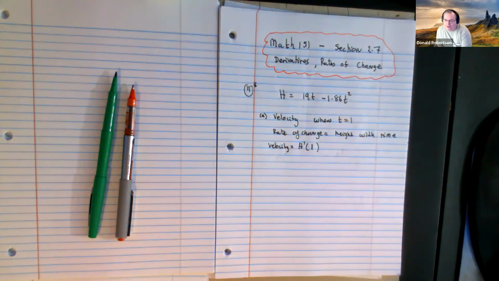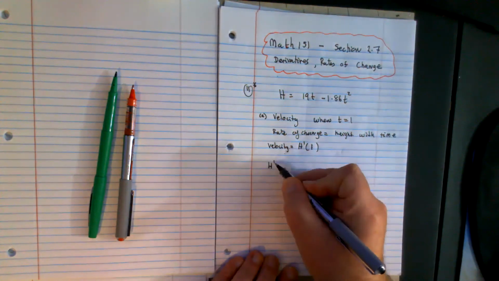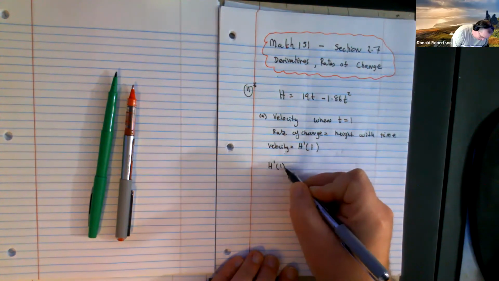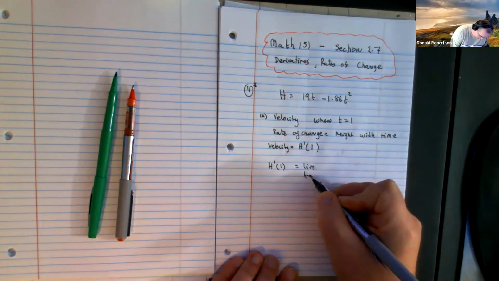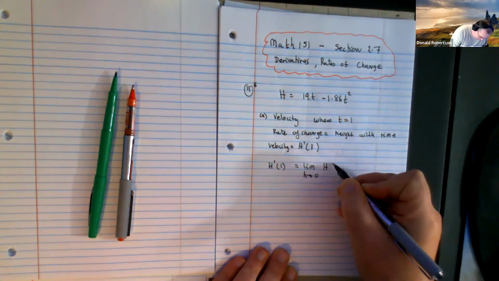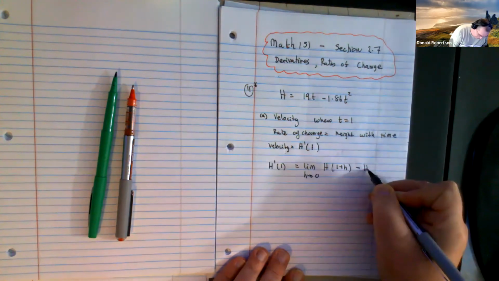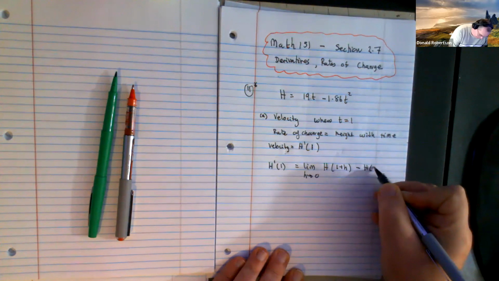Which formula, the h tends to 0 or the x tends to a one? Which one should you use? Sure, h tends to 0. Yes. So I'm going to do the limit as h tends to 0 of f of, well, technically a plus h, which is 1 plus h, take away f of 1, all over h.